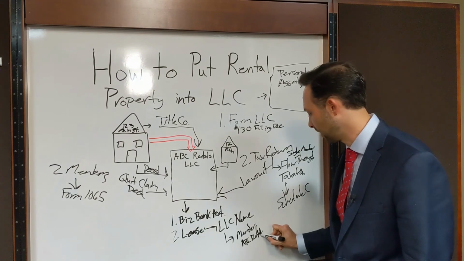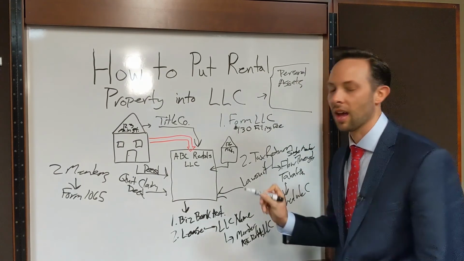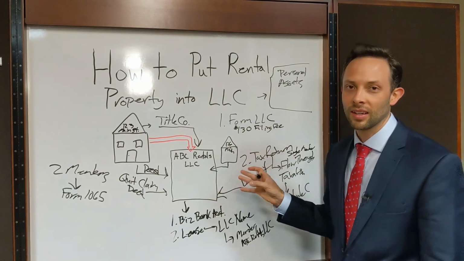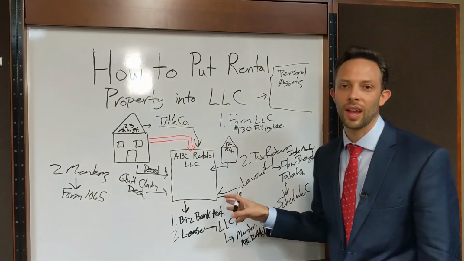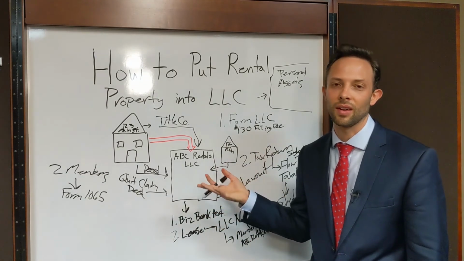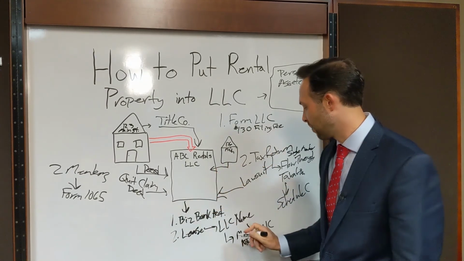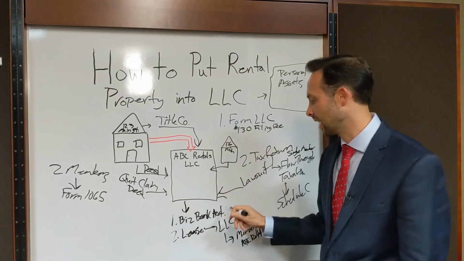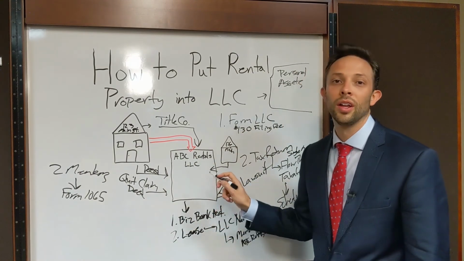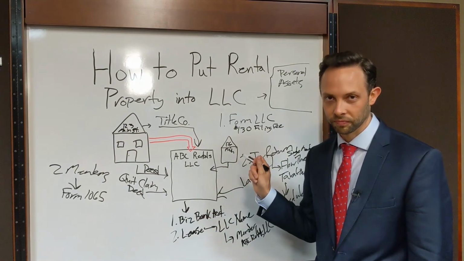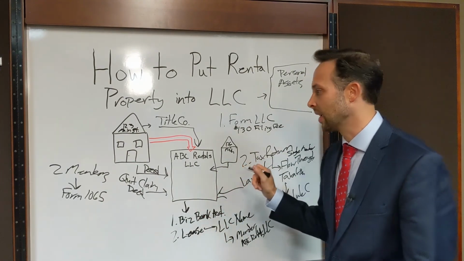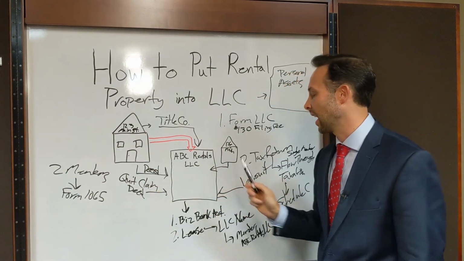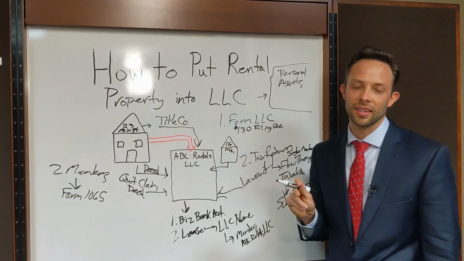So in Wisconsin, LLC owners are called members, and at its basic, you are for sure the member, but you may also have another title if it's set up with multiple members. But sign all the contracts, like the lease, in the name of the LLC. Have all the funds flow to the LLC bank account, titled in the LLC name, and make sure you get the deed to the rental property titled in the name of the LLC.